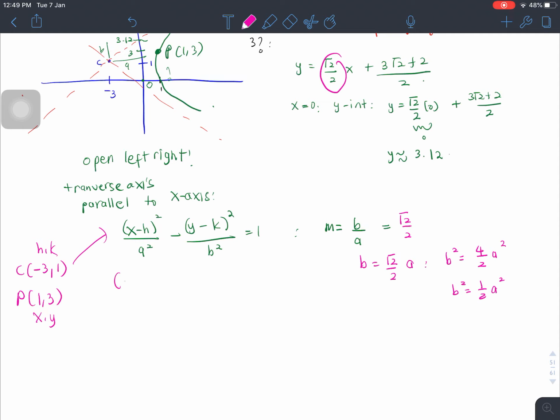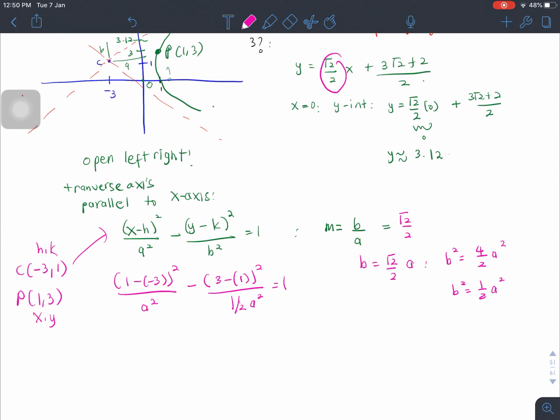So you're going to have (1 minus (-3)) squared over a squared minus (3 minus 1) squared over b squared, where b squared is half a squared, equal to 1.